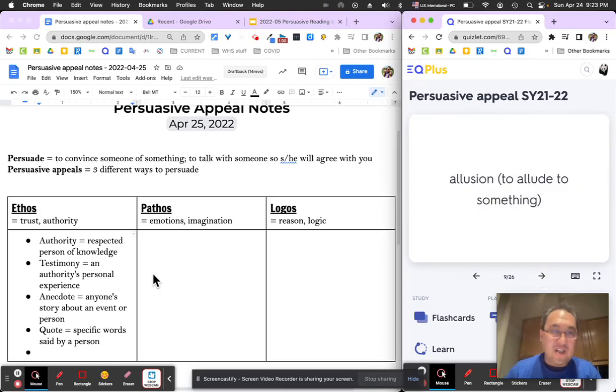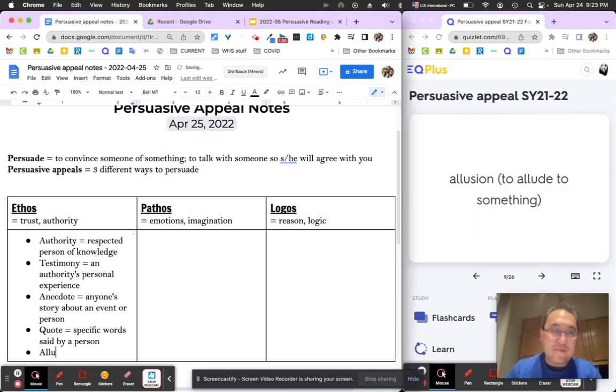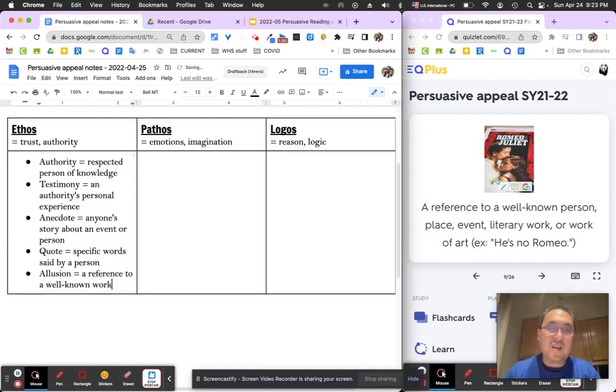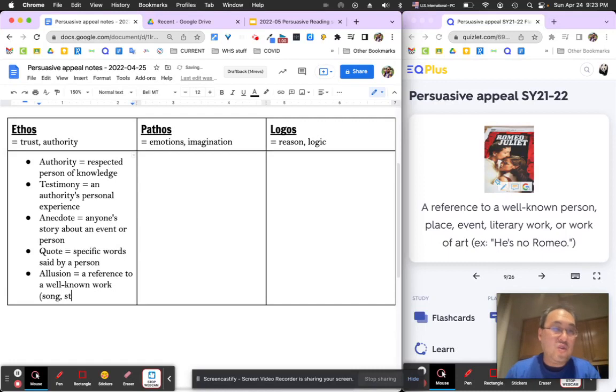An allusion is a reference to a well-known work. When we say work, it could be a song, story, movie, anything like that.